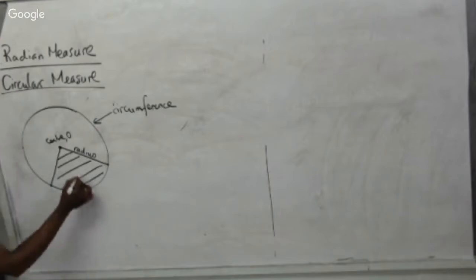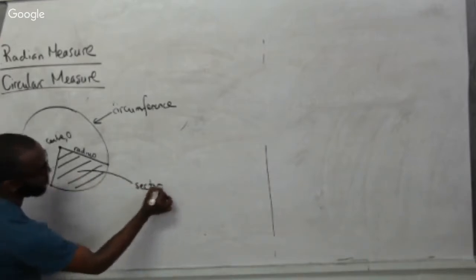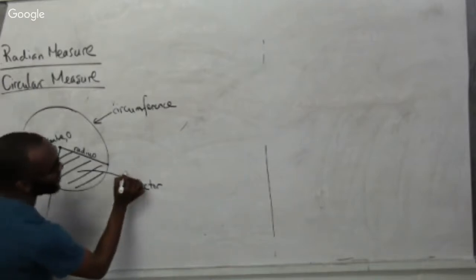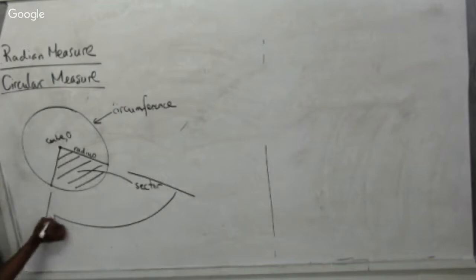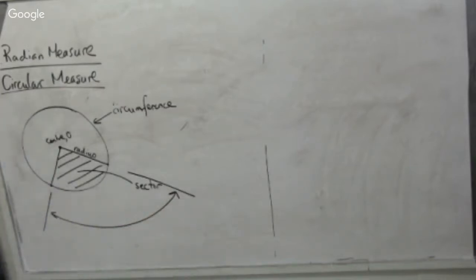A sector. So a sector is formed by two radii and a... Don't lie to me. Chord? Don't lie to me. Arc. Arc.